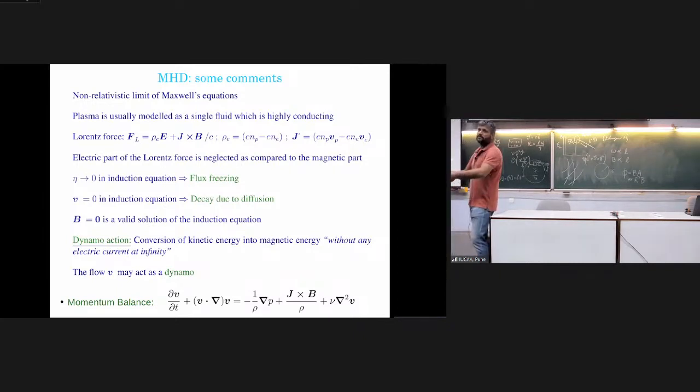Those are the reasons that will drive your kinetic energy. You can tap into those kinetic energies and convert them into magnetic energy without any electric current at infinity. That's always a guarantee going to give you magnetic field. But in astrophysics, you don't have that guarantee. So this is a self-sustaining process. That's called dynamo action.